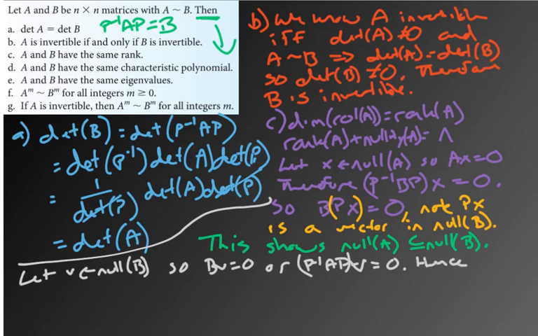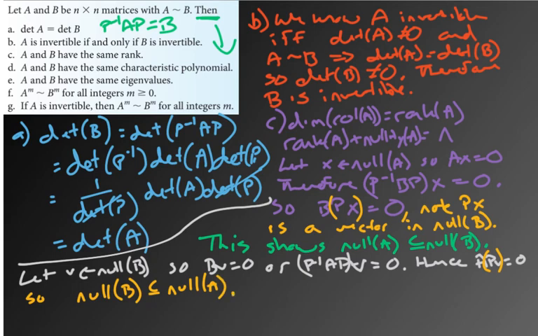And hence APV would equal 0. I can group this part, right? And so we get that the null space of B is contained now in the null space of A.